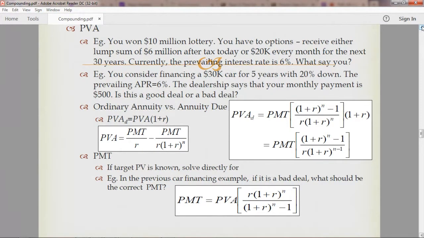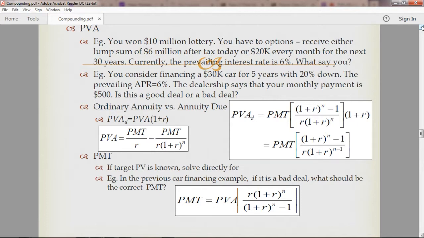If you have a 30-year mortgage, so you bought a house. You took out a loan for $500,000, and so it's a 30-year mortgage.